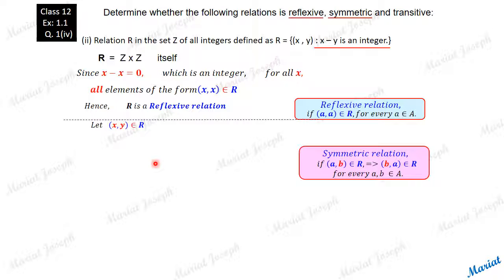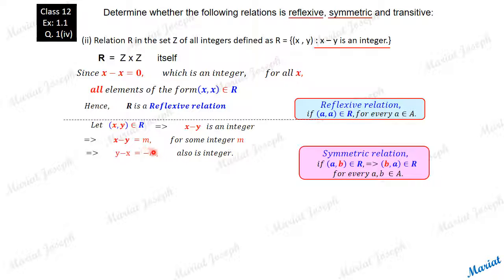Take an element of the form (x, y) belonging to R. If (x, y) belongs to R, x minus y must be an integer. That is the condition x and y should satisfy to belong to R. So it implies x minus y is an integer, which can be written as x minus y is equal to m for some integer m.